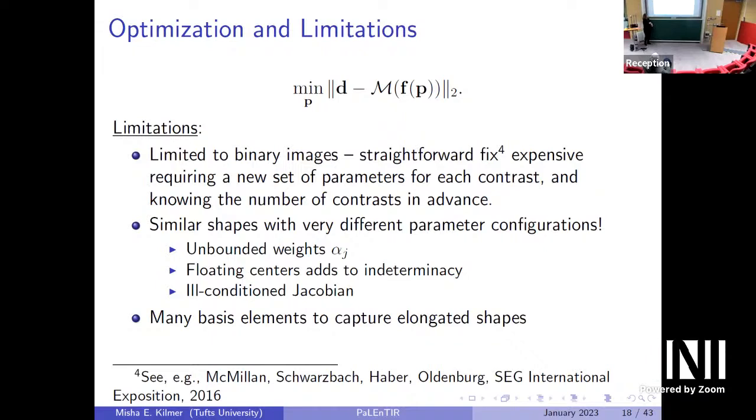But the problem still is that similar shapes, similar surfaces with very different parameter values, can give rise to the same image, because at the end of the day, you're taking this Heaviside approximation, cutting through the surface.